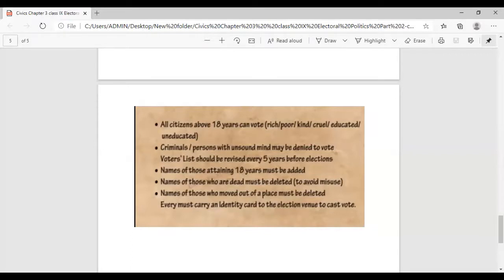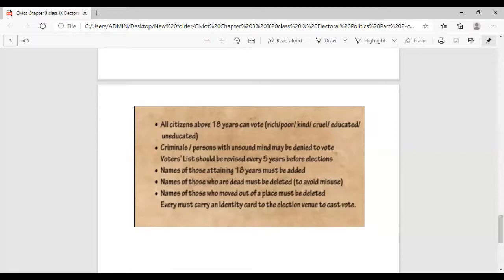And the fourth point is that it is also important that the voters list is revised every 5 years because elections take place every 5 years. So in a gap of every 5 years, we will revise our voters list.